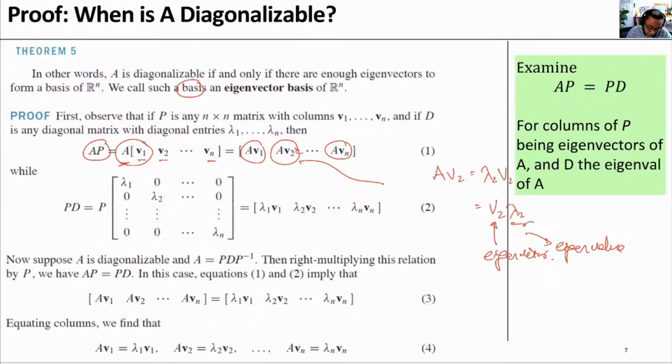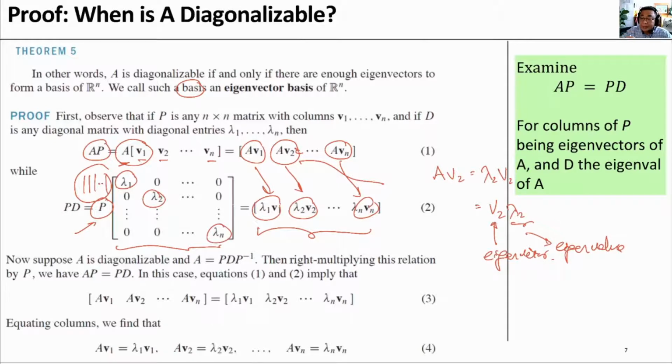Now, when you want to write it as columns and relate it to the P and D matrices, it is simply the columns of P, which are the eigenvectors, post-multiplied by D. Columns of P here will be scaled by the diagonal elements of D to get this matrix.